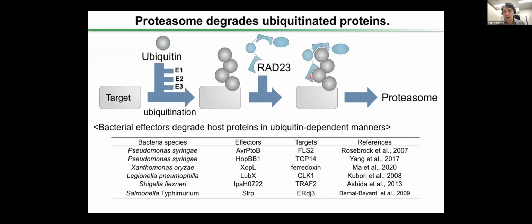Then RAD23 brings the target to the proteasome. This means that ubiquitin is a key factor for proteasomal degradation. In fact, bacterial effectors utilizing the host proteasome degrade host proteins in a ubiquitin-dependent manner.